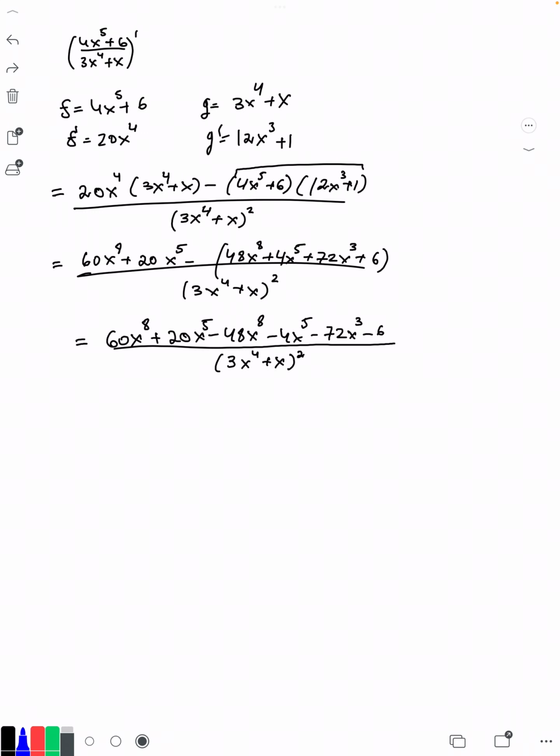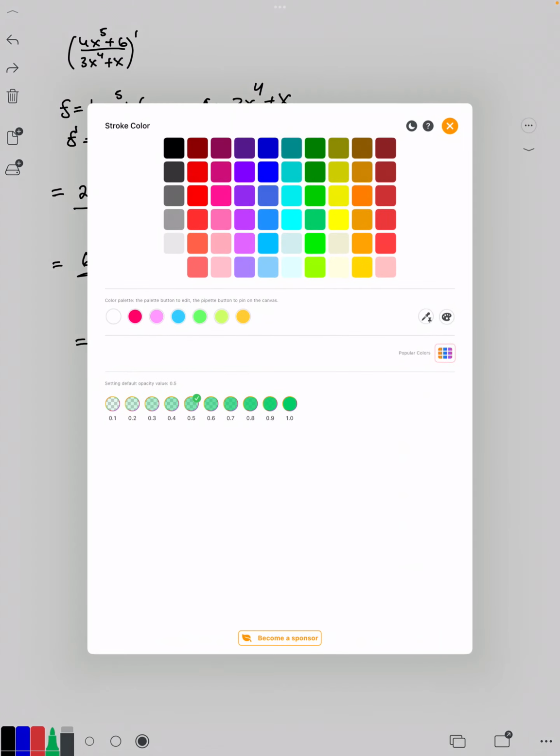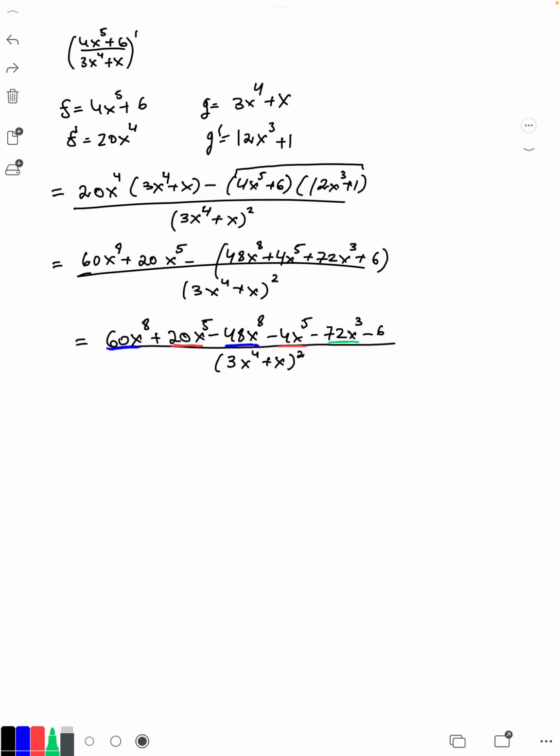Now we're gonna mark down the numbers with the same power. So everything to the power of 8, everything to the power of 5, and to the power of 3. 6 is gonna stay.